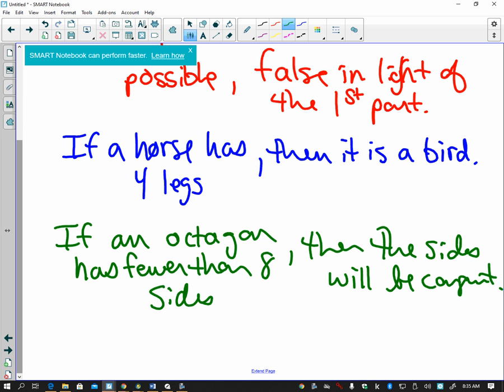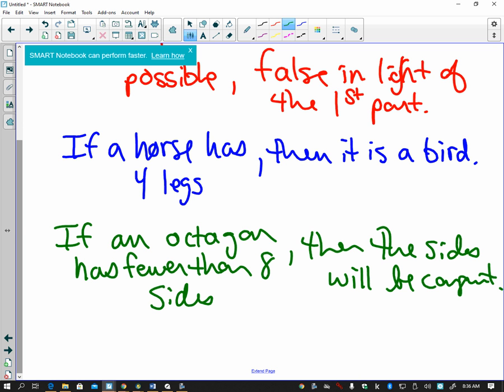Does that make sense? They might start off with something that says, if 2 lines intersect 3 times, then. Okay, well, 2 lines can't intersect 3 times, can they? How many times can 2 lines intersect? Once. Once, never, or they're the same line, right? So by starting off with a statement of 2 lines intersect 3 times, it doesn't even matter what the second side says, because the first side, the left-hand side, is false right off the bat.